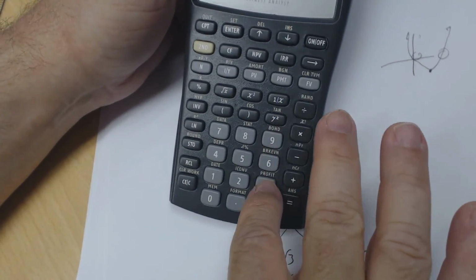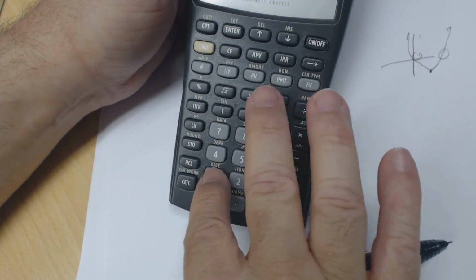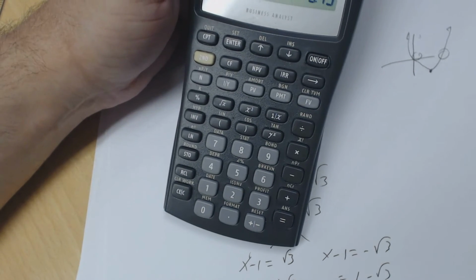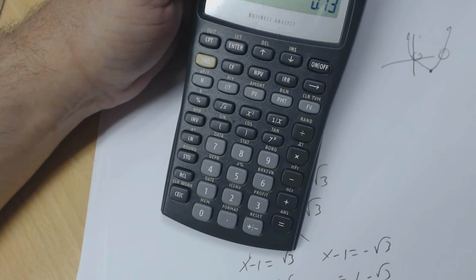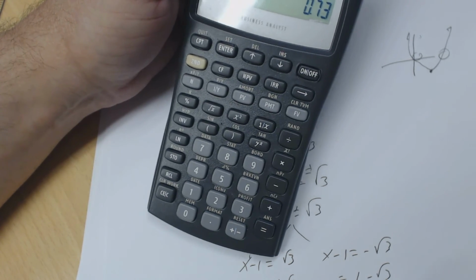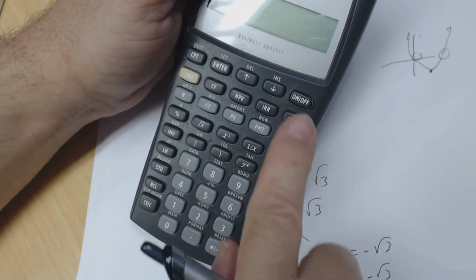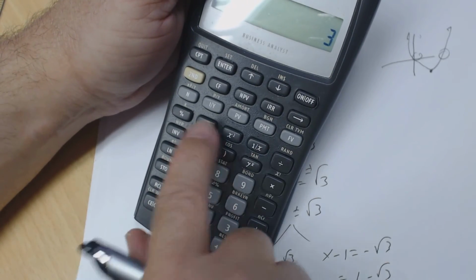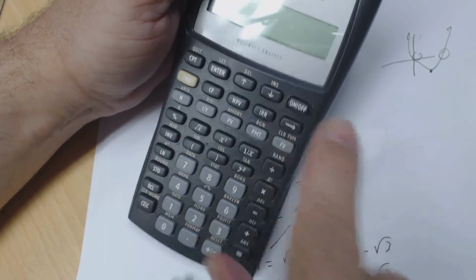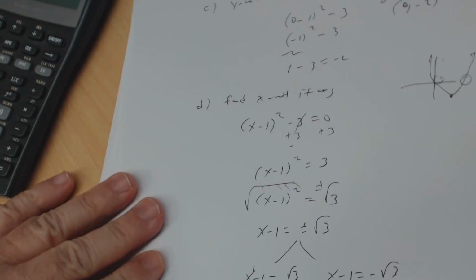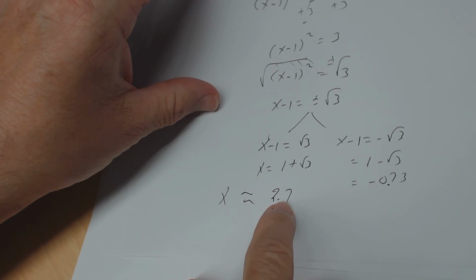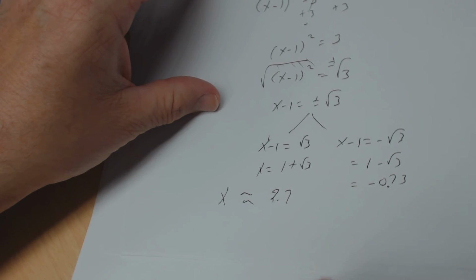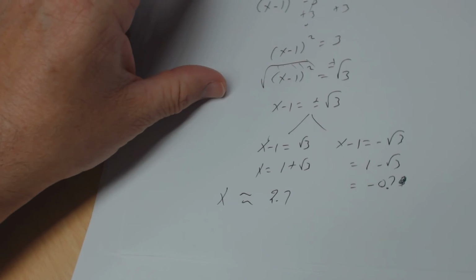Over here, square root of 3 minus 1 gives me negative 0.73. Verify this again. Okay. All right, and so those are your x-intercepts: 1 plus square root 3, 1 minus square root 3. So use your calculator. That'd be 2.7, and then negative 0.7. Just round to the nearest tenth.